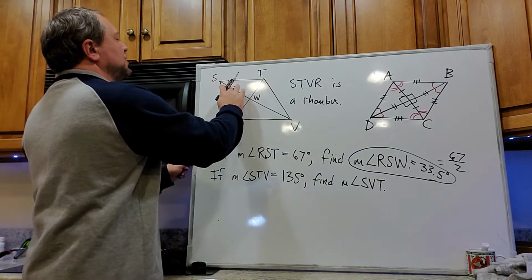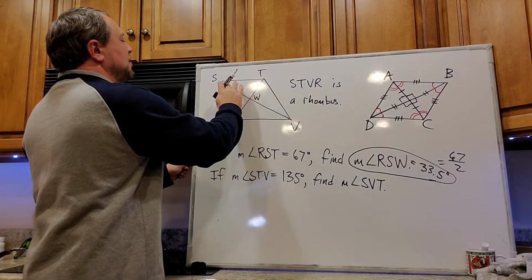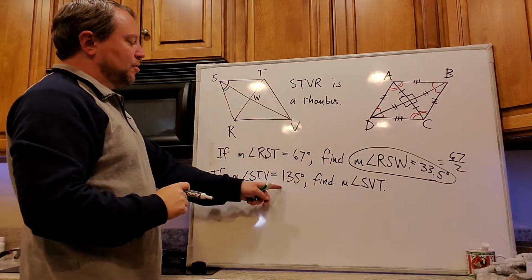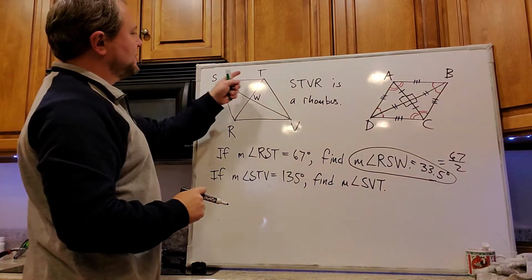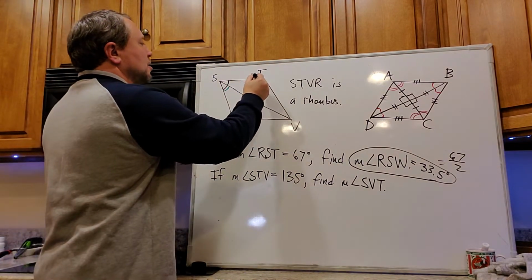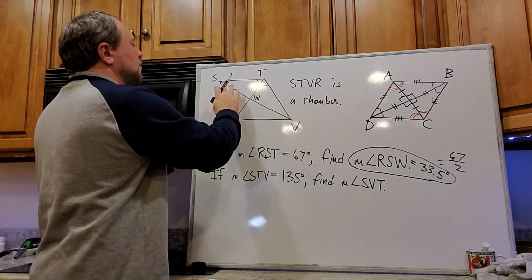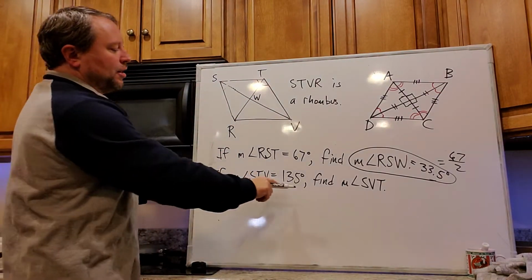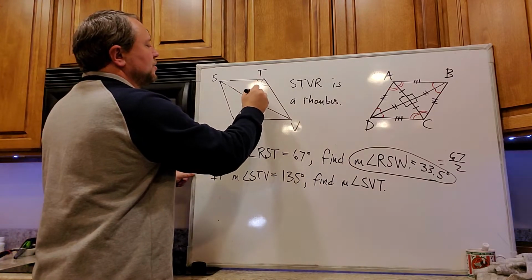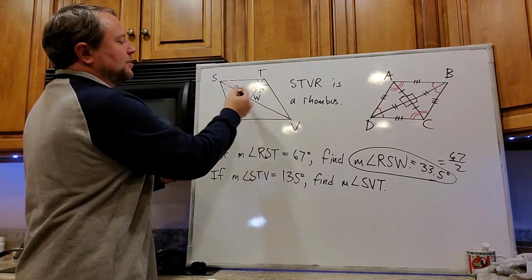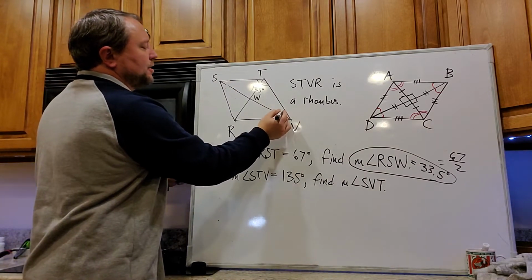Okay, so this time let's ignore that 67 there. That was from our last problem. This time though, STV, which is this overall angle across there, is going to be 135 degrees, and SVT though is this angle down here.